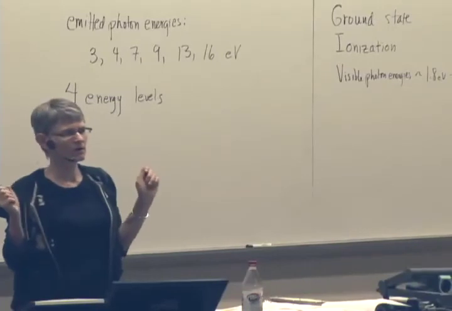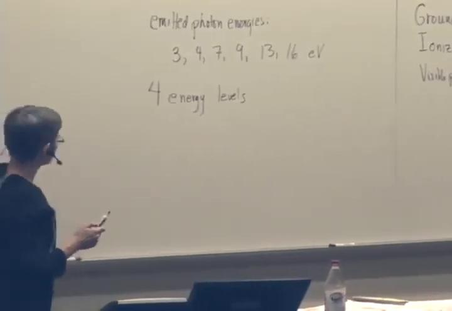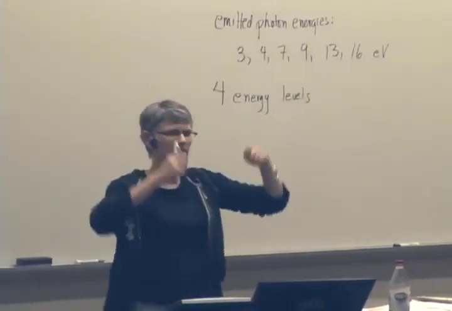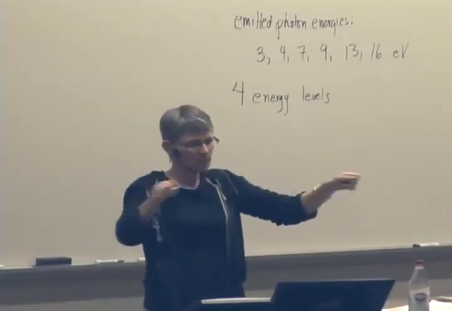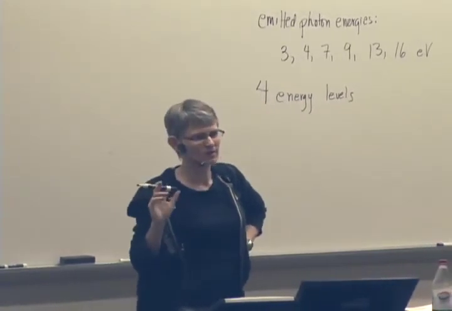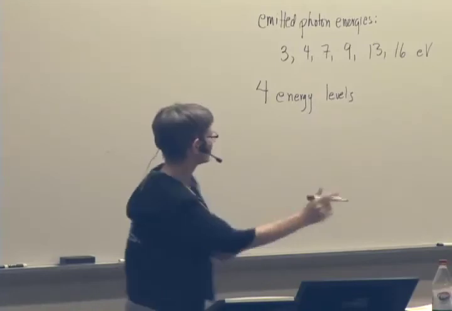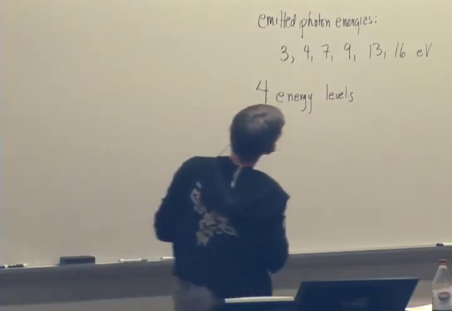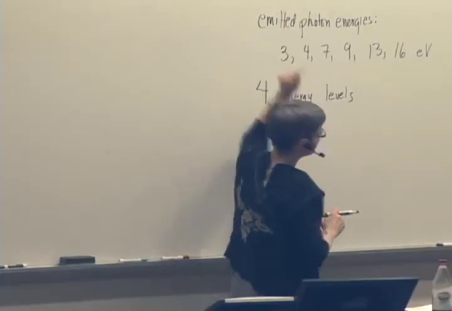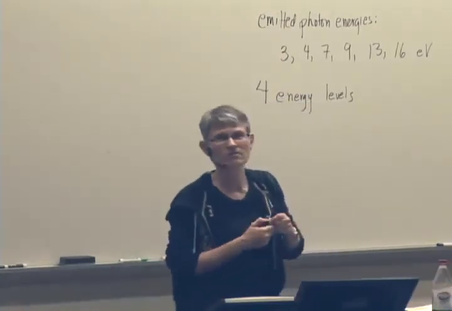So therefore, let's see if we can construct an energy level diagram, which means we're just going to draw horizontal lines for the values of K plus U for this bound system that we know exist. So take a minute and just think about how you would do this.